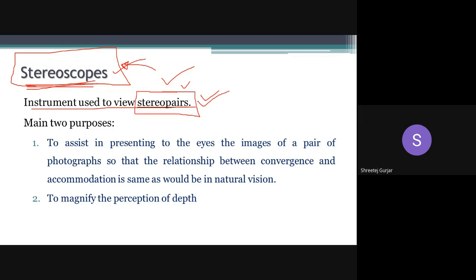Can anyone recall the two types of stereoscopes that we were going to study? In the previous class, I told you that two types of stereoscopes we will be studying. Can anyone remember the two types?